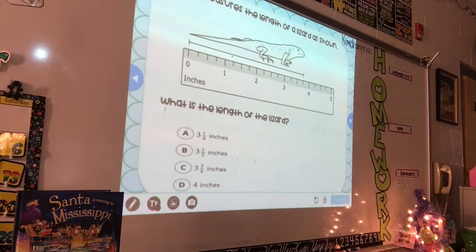Alright, so here we go. So you're measuring the lizard. Now remember, yesterday I told y'all about the ruler, right? Where do I look to figure out what my ruler's cut into? What numbers do I look between? 0 and 1.